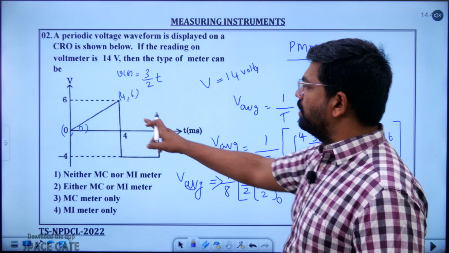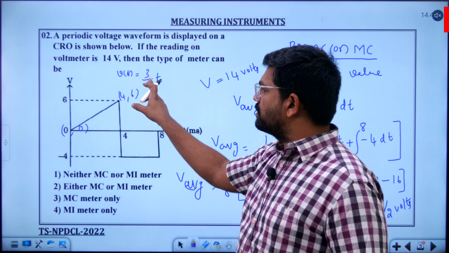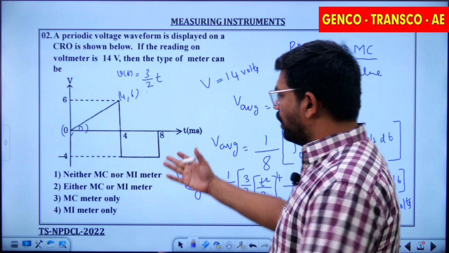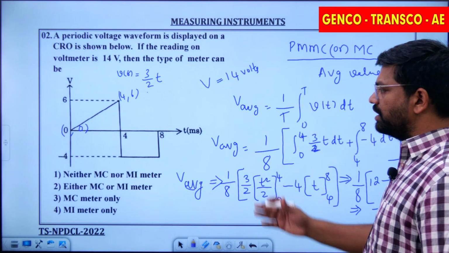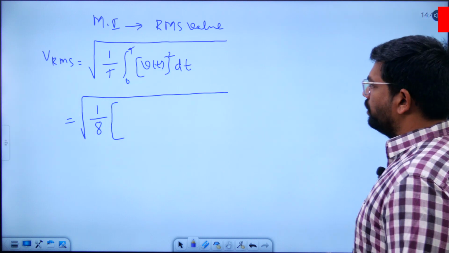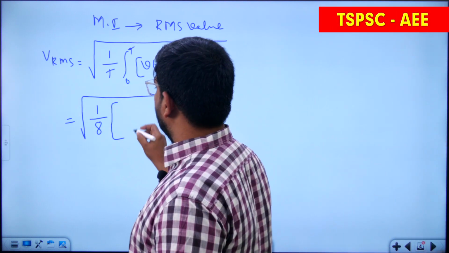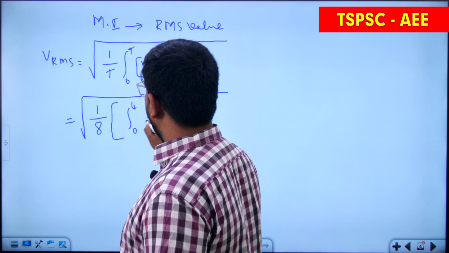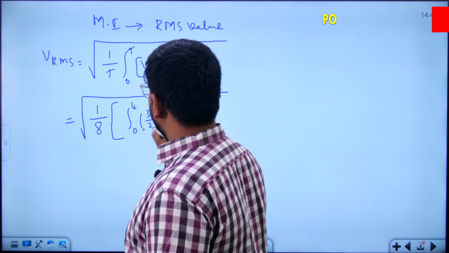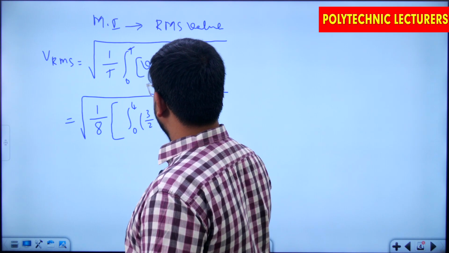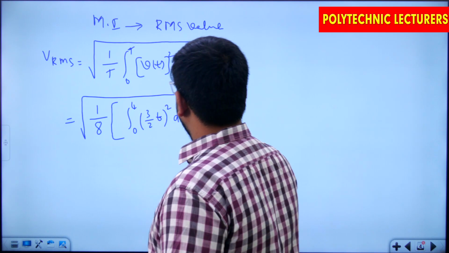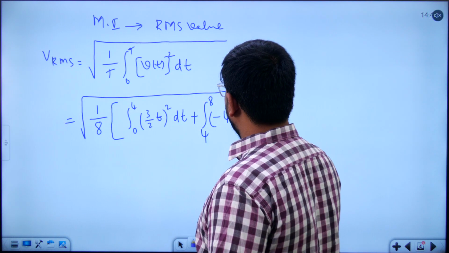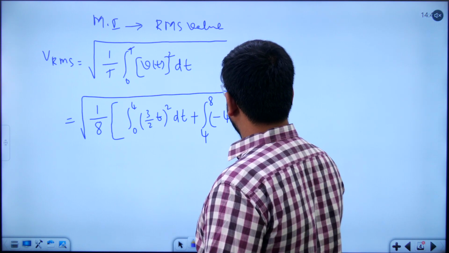And we already got the expression here: for 0 to 4 we got 3 by 2 t, and for 4 to 8 we can observe from the waveform that it is minus 4 only. Now we just need to substitute. For 0 to 4, the quantity is 3 by 2 t whole square dt, plus for 4 to 8 it is minus 4 whole square dt, right or not?